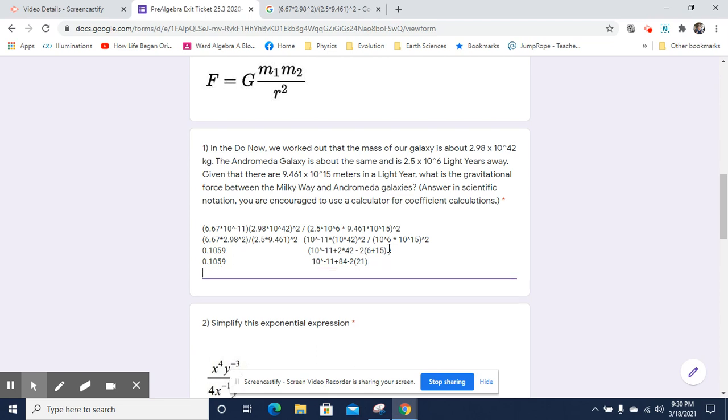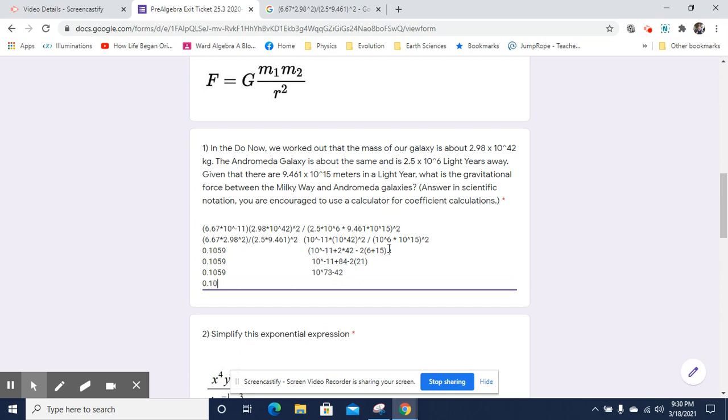We can take that one more step. 0.1059, we're not ready to deal with you yet. 10 to the negative 11 plus 84 is going to be 73. And that's going to be minus 2 times 21, which is 42. 0.1059, still not ready for you.